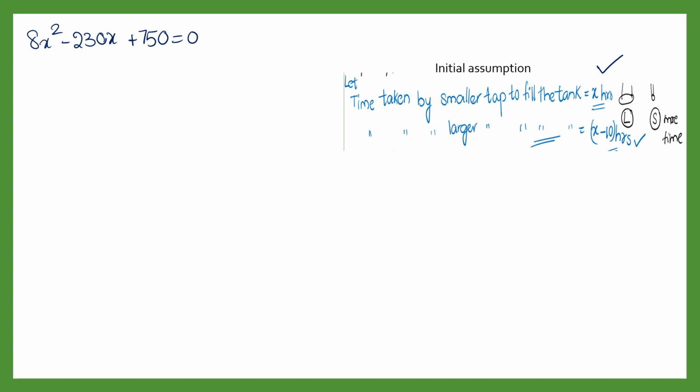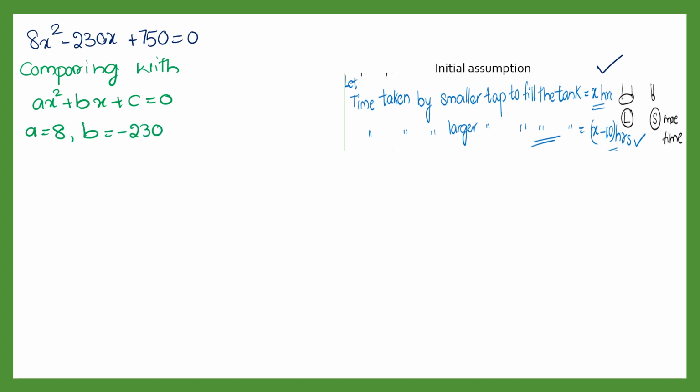Now how do you do this? Comparing with the general form of a quadratic equation, ax square plus bx plus c is equal to 0, you get a is equal to 8, b is equal to minus 230, c is equal to 750.